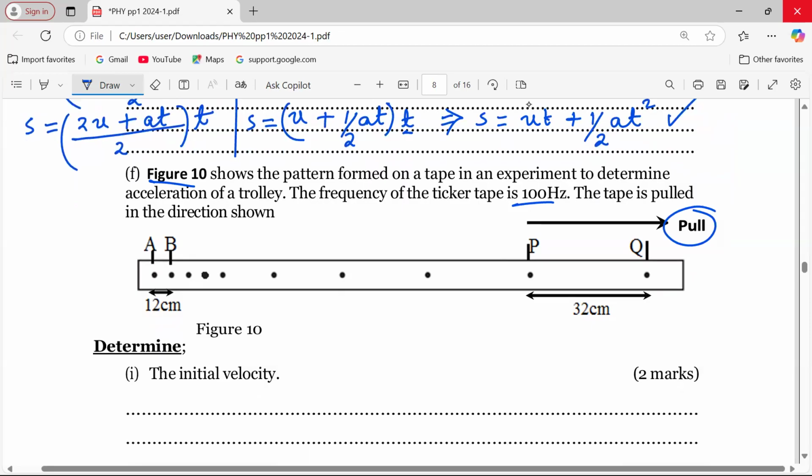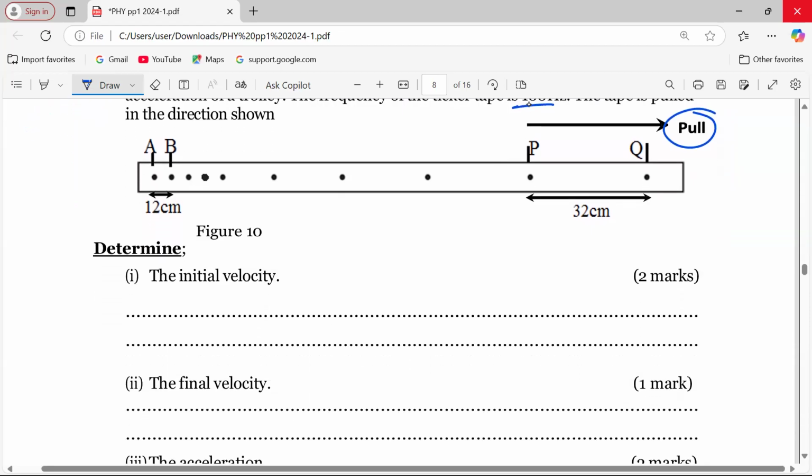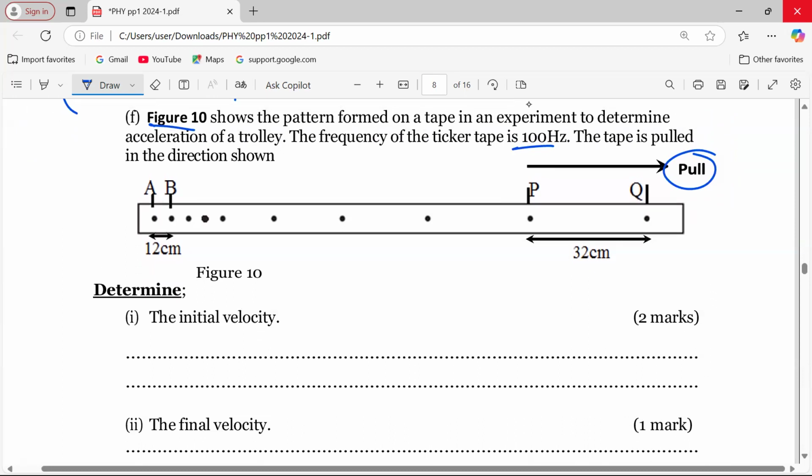Determine part 1, the initial velocity. If it's pulled in that direction, it means that initial velocity is between P and Q, because the tape will be marked by the ticker timer for dots between P and Q before we reach the side which is having AB.